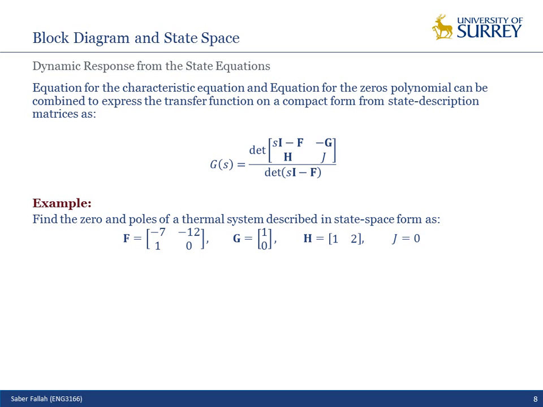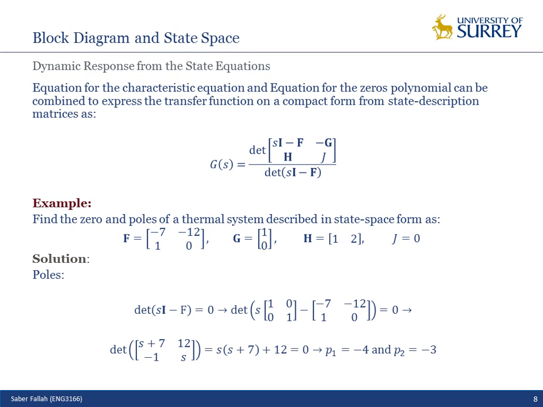To find whether the system is stable or not, what should I do? Poles. I need to find the poles. How can I find the poles of the system? Determinant. I need to find the eigenvalues of the matrix F. To find the eigenvalues of the matrix F, I calculate the determinant of sI minus F. Again, I is the identity matrix, F is the system matrix.